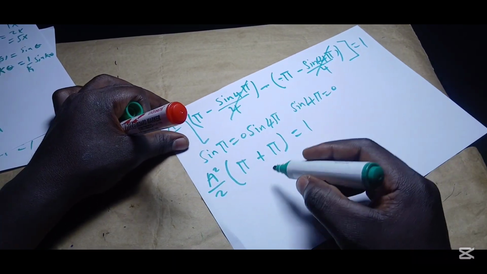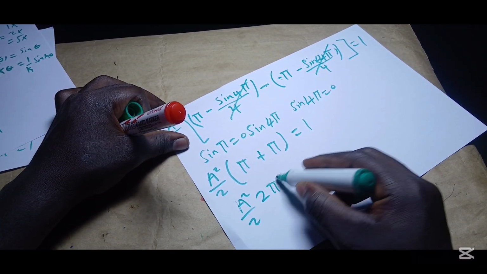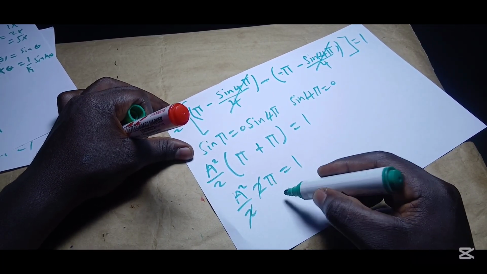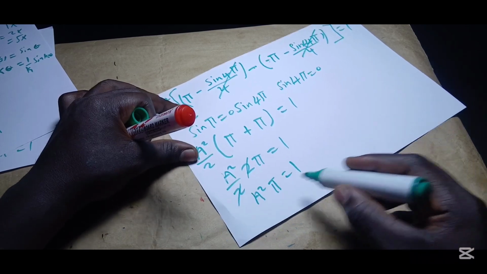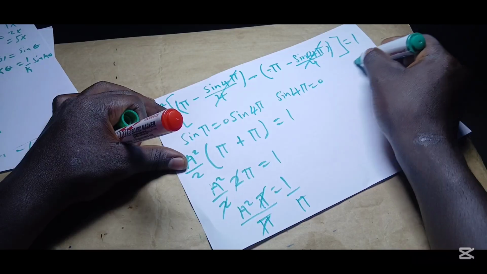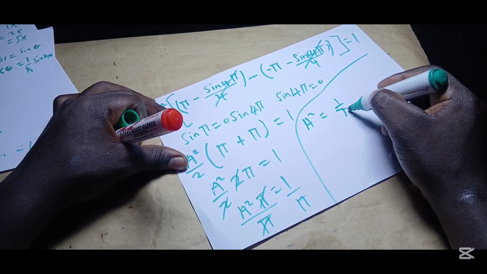So in this case, pi plus pi gives us 2 pi. So a squared over 2 multiplying 2 pi equal 1. 2 can take care of 2, and then we are left with a squared pi equal 1. Dividing both sides by pi, this cancels that. Then our a squared equals 1 over pi.